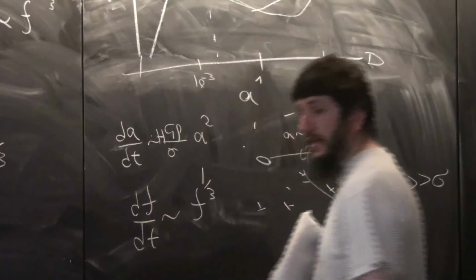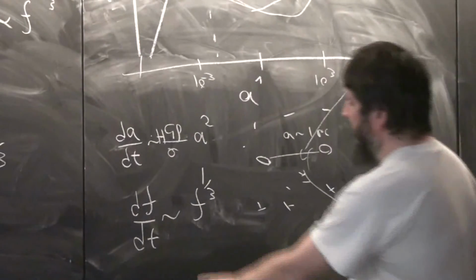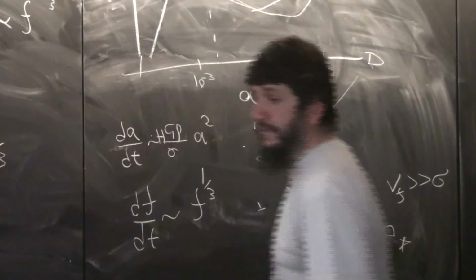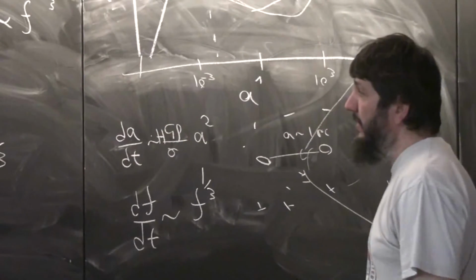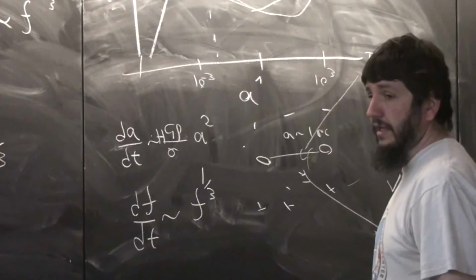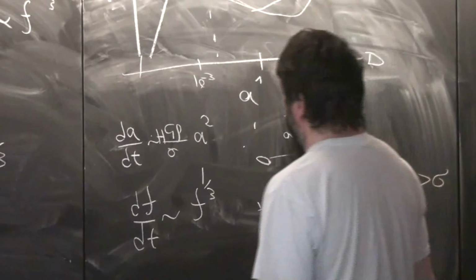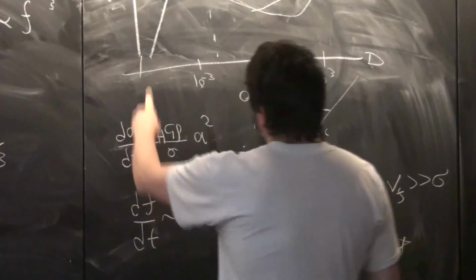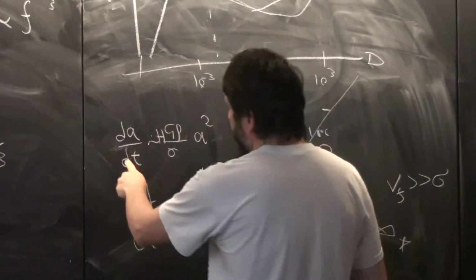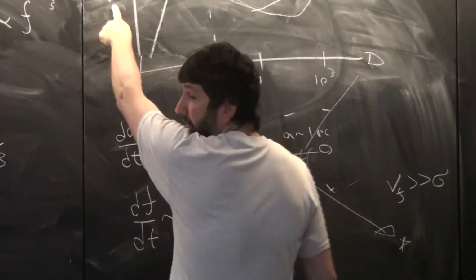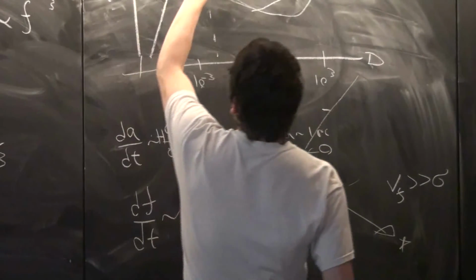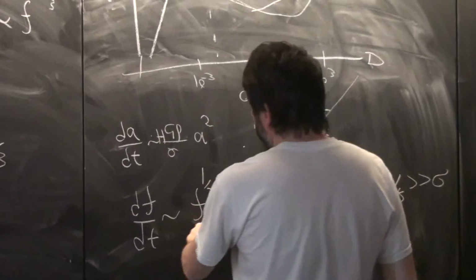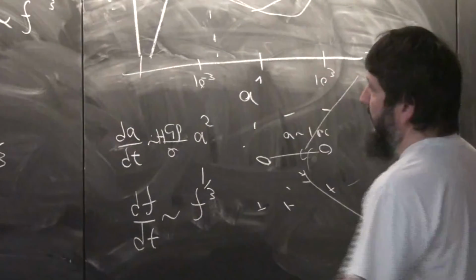Now we have a df/dt which is very different from the one coming from gravitational wave emission. If I now transform this into a residence time like I have here, this goes with f to the minus 1, okay? And this df/dt goes with f to the 1/3 instead of f to the 11/3.